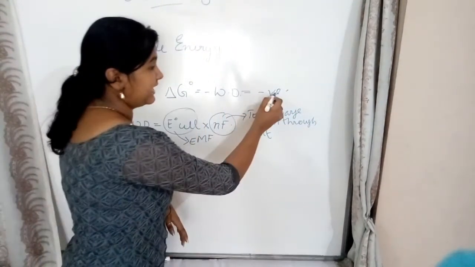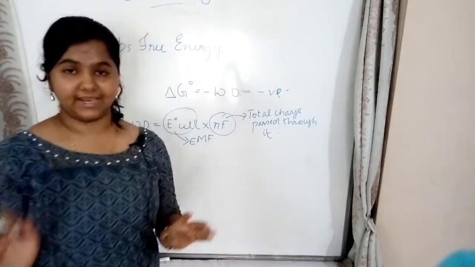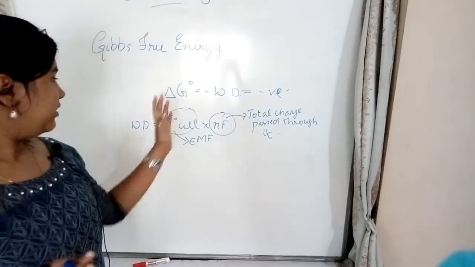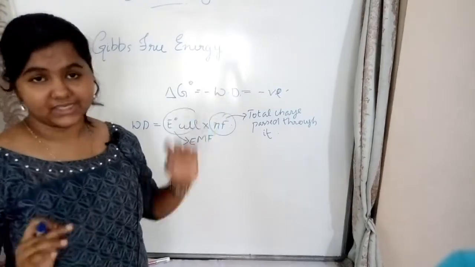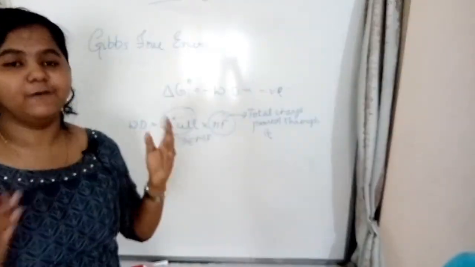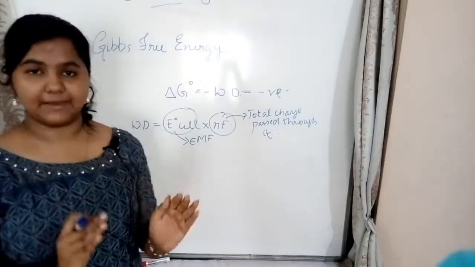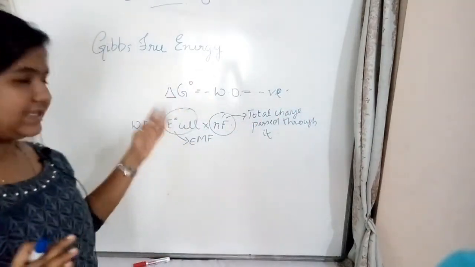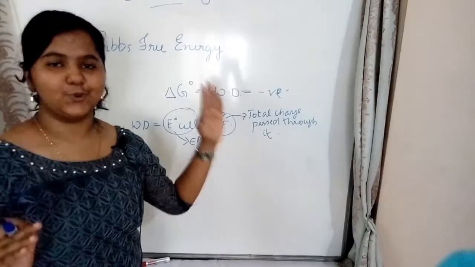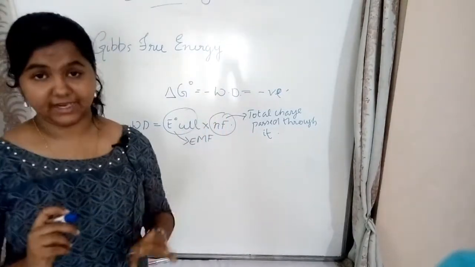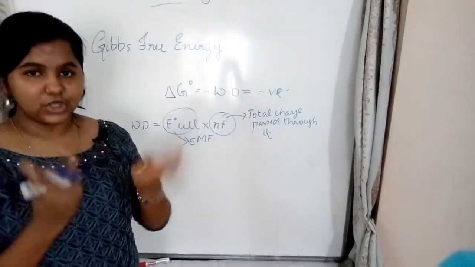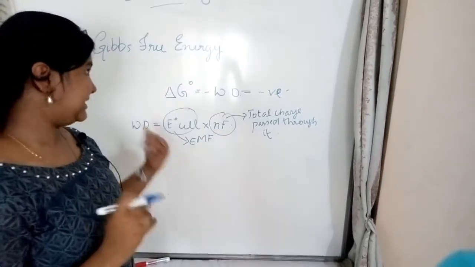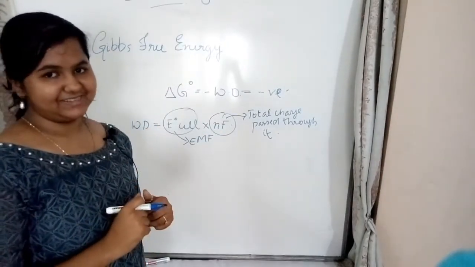Now, what is work done? Work done is the product of EMF and the total charge passed through it, that is E0 cell times n times F. Here n is the number of electrons and F is the Faraday charge.